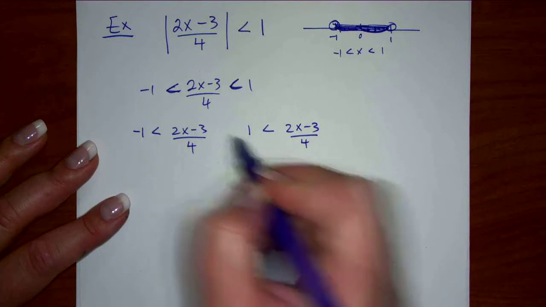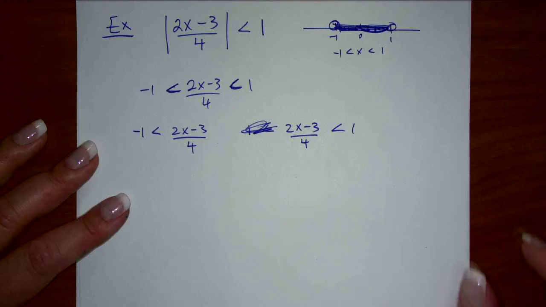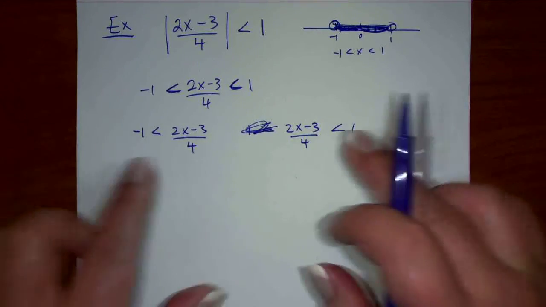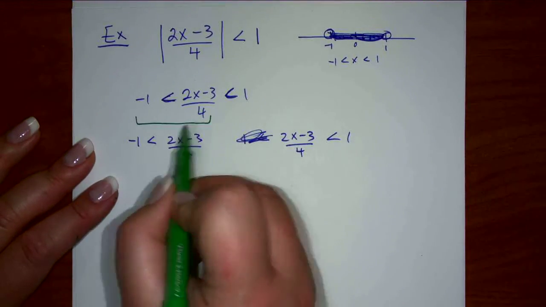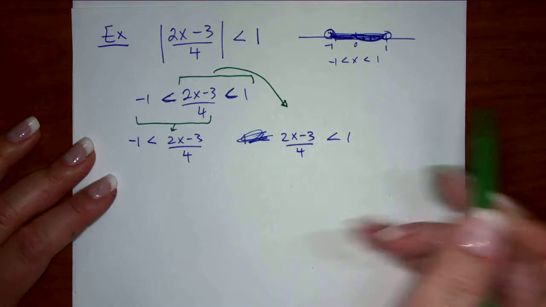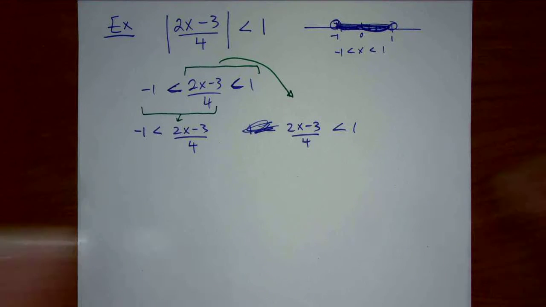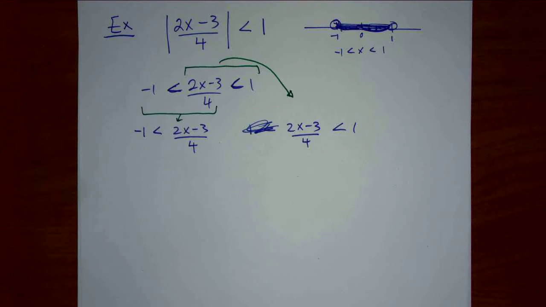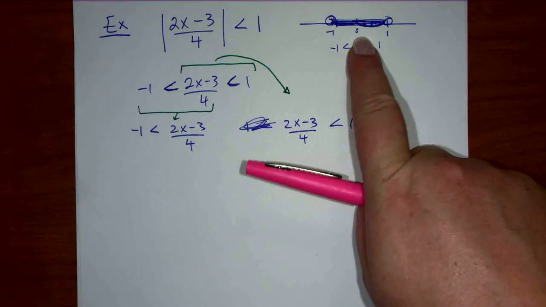So we take the whole middle with each of the signs, and it's and, because it's in between.